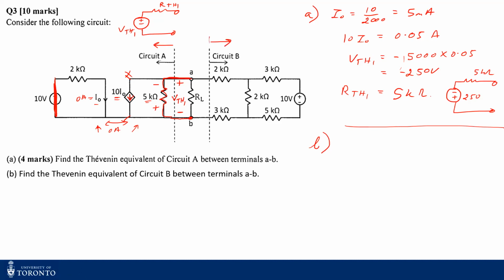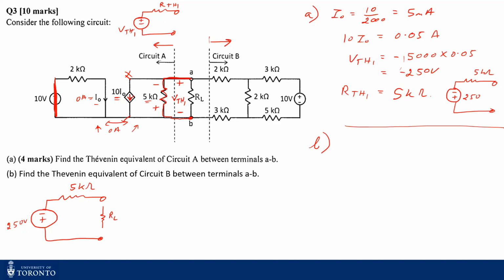I can write my left-hand circuit as, let me just draw it here, 250 volts. I can write this RThevenin upwards or downwards, it doesn't matter because it's in series. So I'm supposed to have this as my RL. Now I have to find the circuit B equivalent.